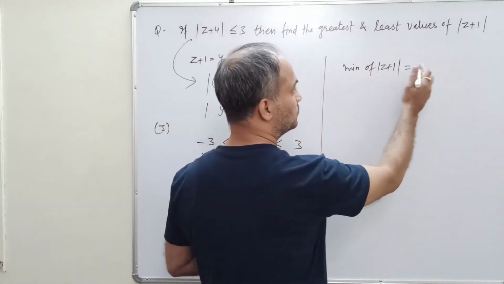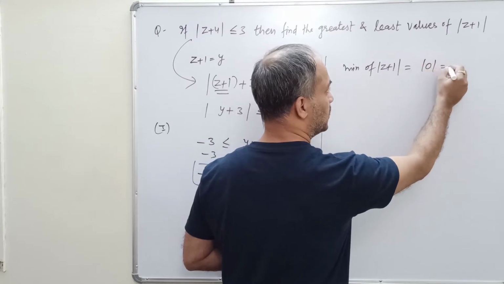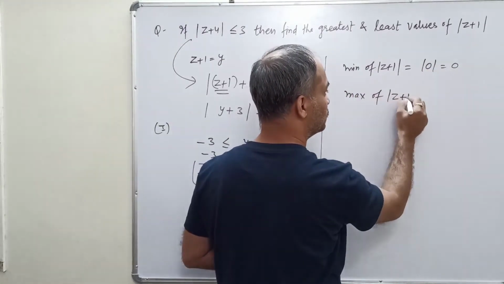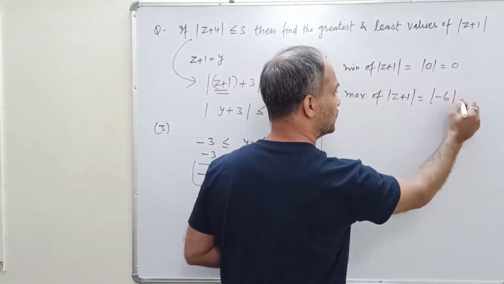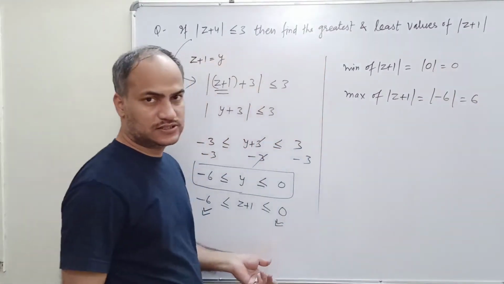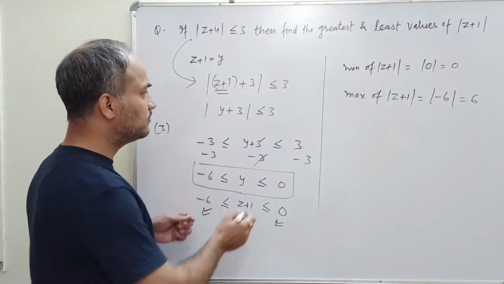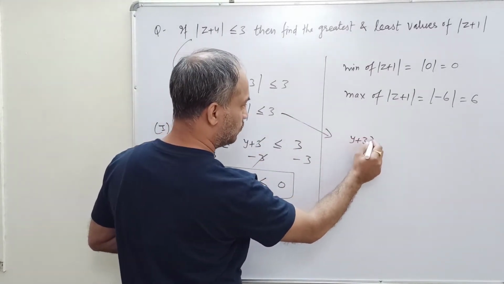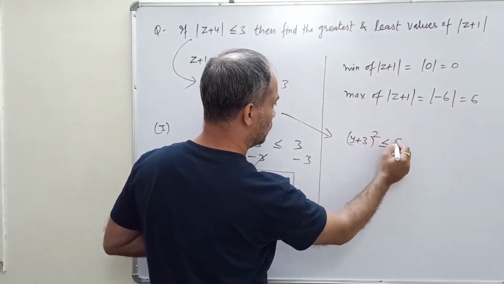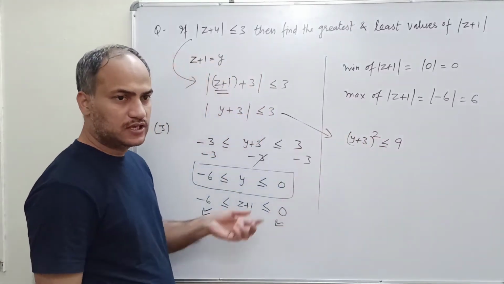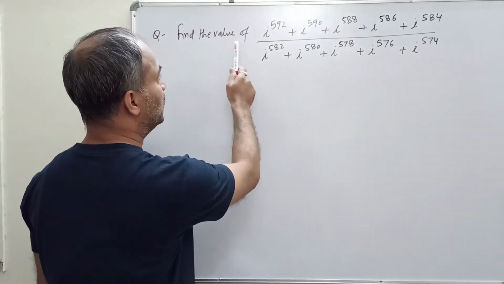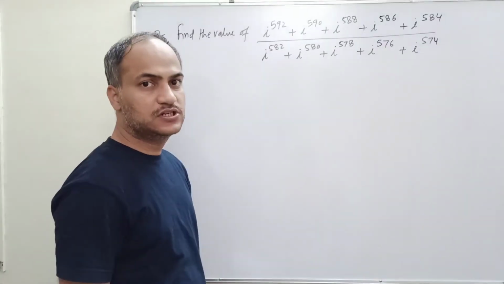So minimum of modulus z plus 1 is modulus of 0, that is 0, and maximum value of modulus z plus 1 is modulus of minus 6, this is 6. Okay, second method, you can also square both the sides. y plus 3 whole square is lesser or equal to 9, then you can simplify, then also you will get the same thing.